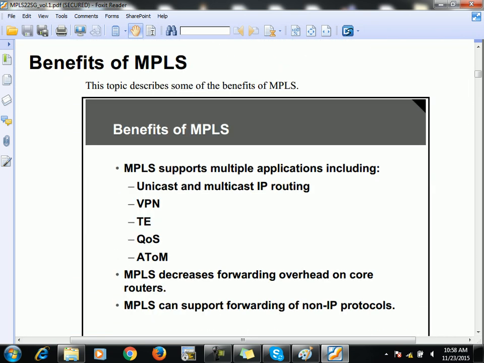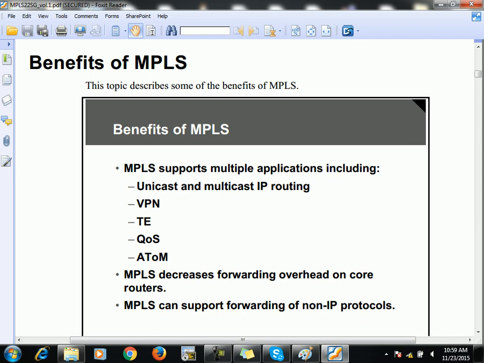Now, these are the benefits of MPLS. MPLS supports multiple applications, including unicast IP routing and multicast IP routing as well. Apart from that, you can configure VPN, and you can configure two types of VPN: layer 2 and layer 3.